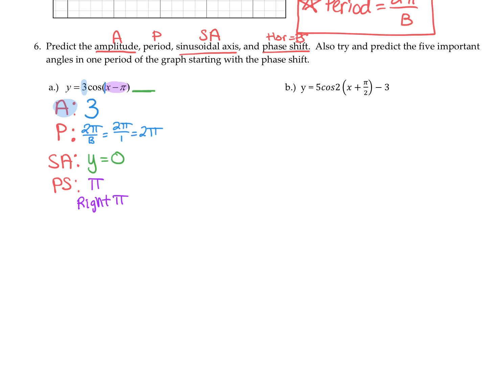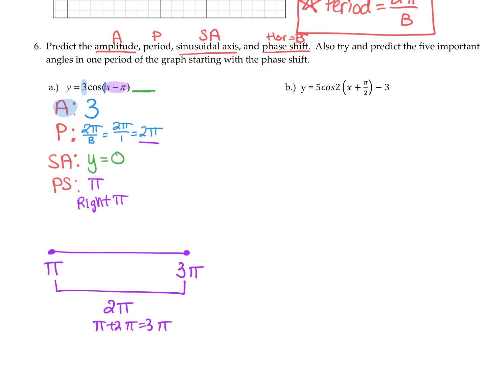It also wants us to predict 5 important angles in one period. So in this case, we are shifted right pi, so I'm starting at pi. My length of my cycle is still 2 pi, so that means it's going to end at 3 pi, because pi plus 2 pi would give me 3 pi. So how do I figure out what my intervals are going to be in between?